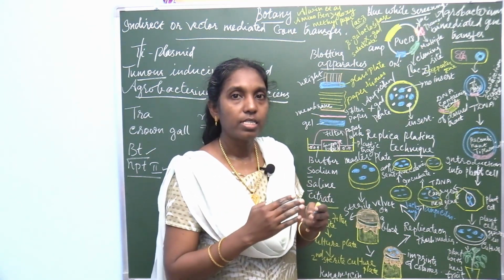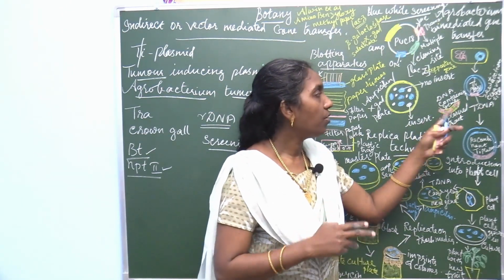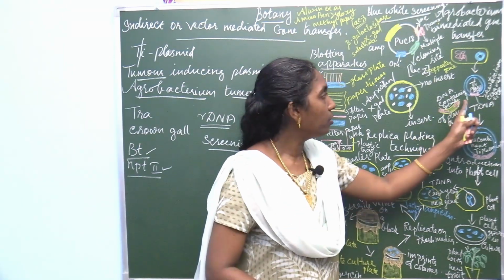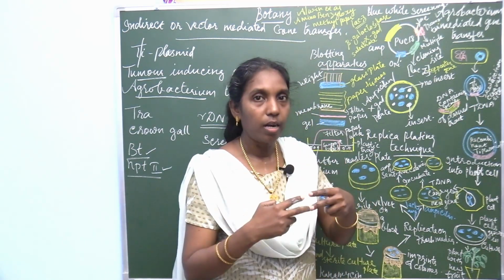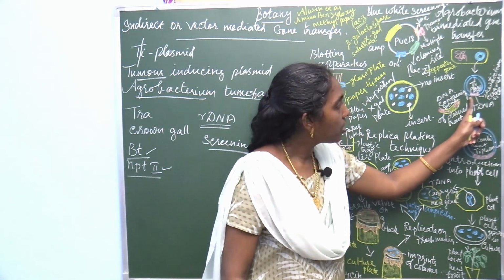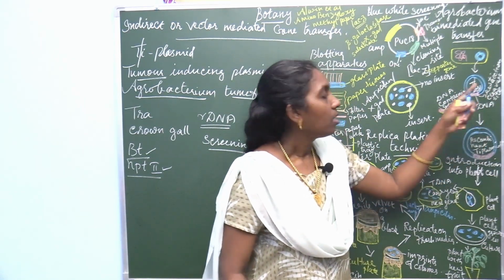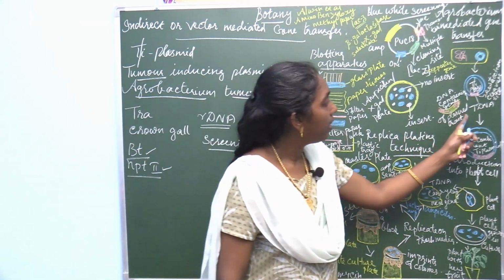Restriction endonucleases cut open the plasmid and this gene of interest is inserted into the plasmid, and both are pasted with the help of ligase enzyme. Now, this plasmid is called rDNA, recombinant DNA.